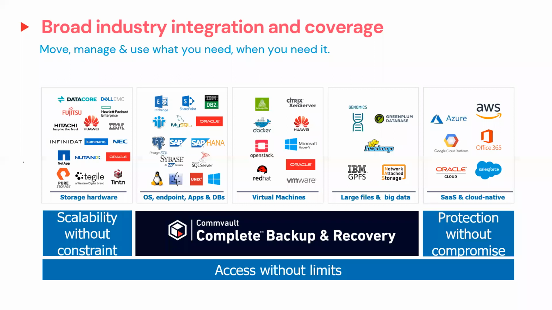Before we do a backup, the agent will talk to whatever application you installed: Exchange, any database, MySQL, Oracle, SAP, SAP HANA, Postgres. When this agent is installed, we can back it up without corrupting the database. When you do a recovery, we make sure that all data can be recovered, number one.